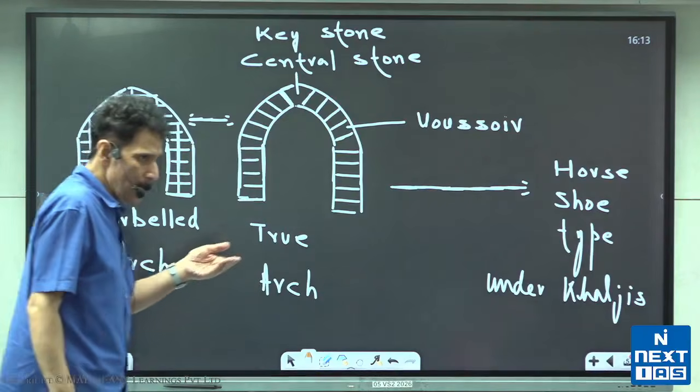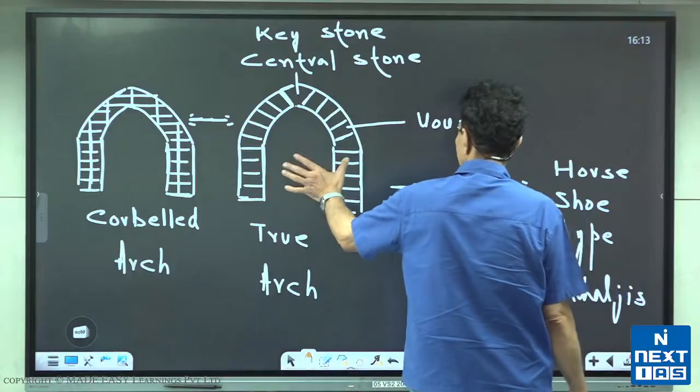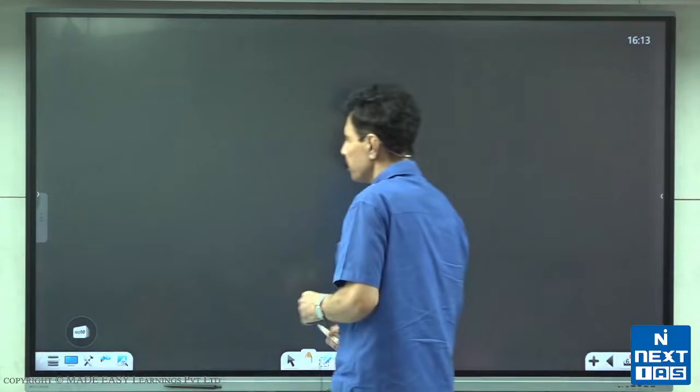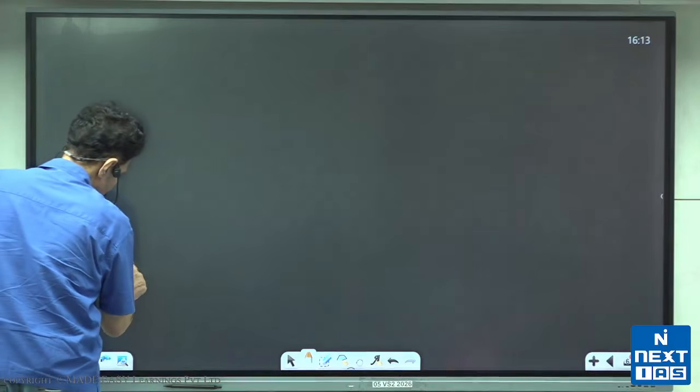Then under the Tughlaqs, a new variety of this pointed arch emerged, what is known as the four-centered arch.